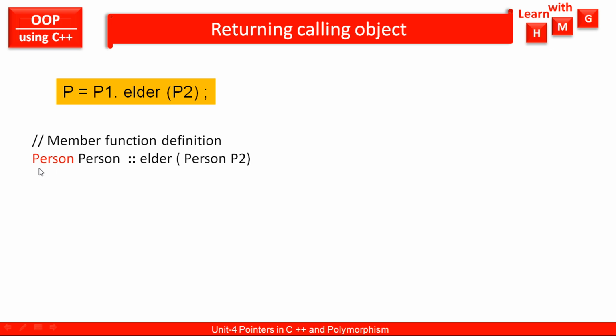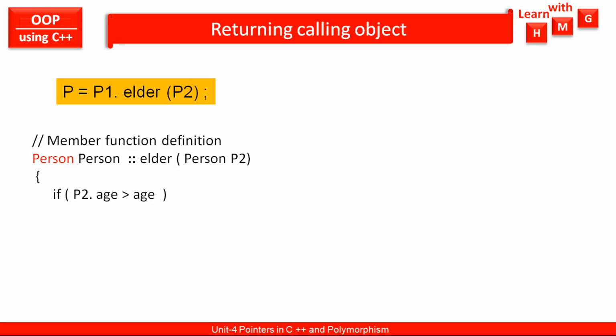In this header line of the member function you will find that the object P2 is available as an argument, but the calling object is nowhere, and that is the main question. Now, while returning the calling object, how to do this?